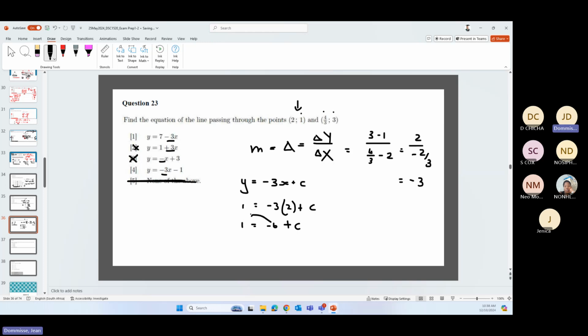If I take that over, c is equal to 7. So my final answer then is minus 3x plus 7. And if we then see, there's the plus 7, there's the minus 3x. So that is definitely correct. Let's just see why this one is not. Minus 3x minus 1. And so that is why that one is incorrect.